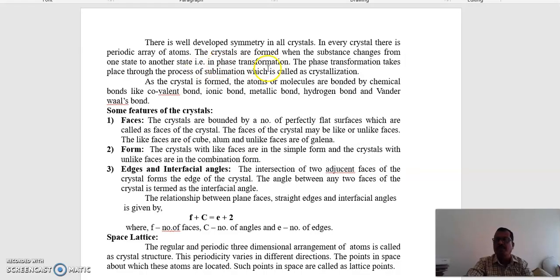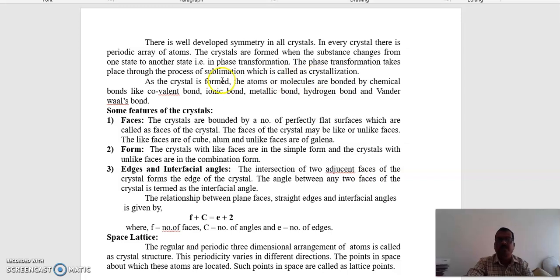The phase transformation takes place through the process of sublimation, which is known as crystallization.